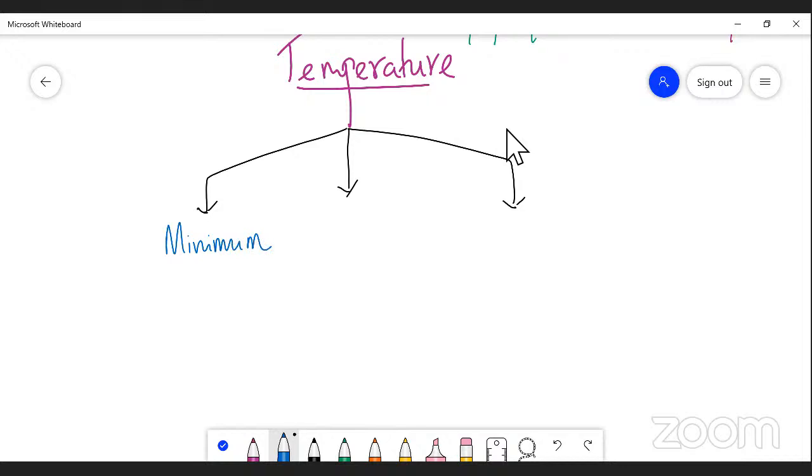That means the plant's physiological activities are very low when the temperature in the atmosphere is low, right? Temperature activates the physiological activity of the cell.